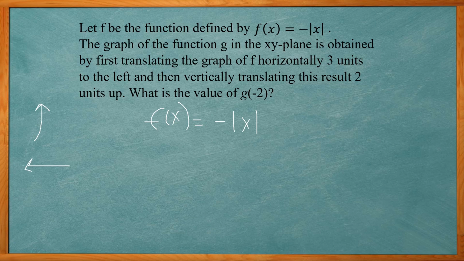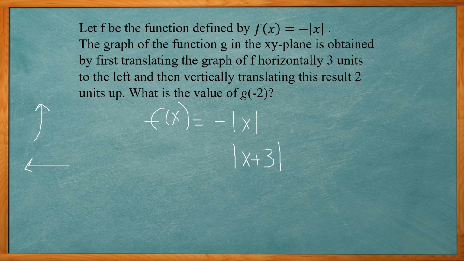Now to shift it horizontally to the left 3 units, we need to change basically the x value. So we're going to add 3 inside the absolute value. So adding 3 here is going to shift it to the left. Now you might think that you need to put a negative 3 to shift it to the left, but it's actually the opposite. To shift it to the left, you need to add 3.